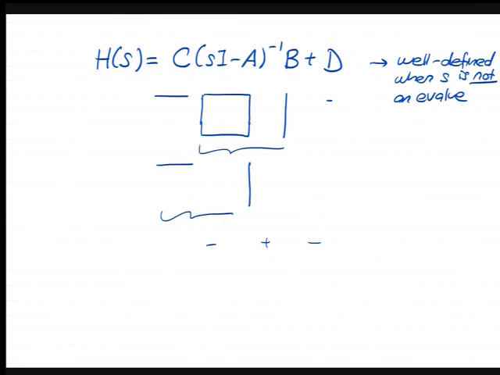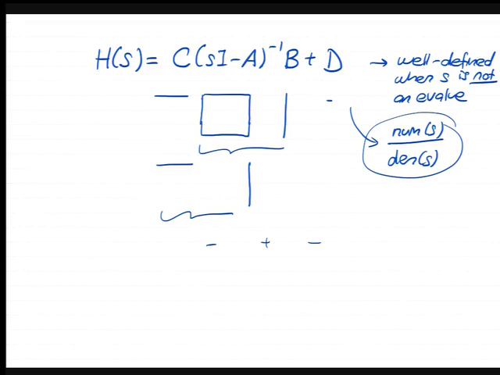You do this symbolically, and when you do this symbolically, you get a numerator polynomial divided by a denominator polynomial. So when is that rational function of s well defined? Or when is it ill defined? At the poles, when the denominator becomes 0, right? So it turns out the denominator of s is equal to 0 when s is an eigenvalue of A.